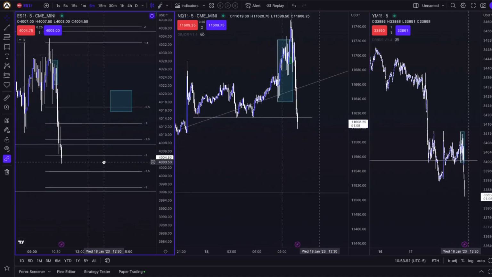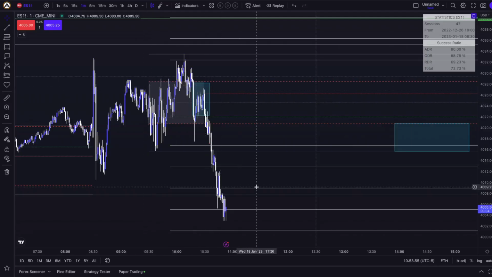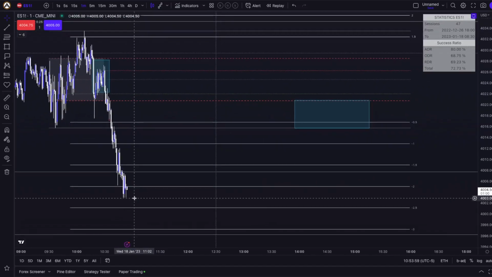Both indices continue to drop. Looking at the S&P 500, we're already below. Now we're still at negative 2.25 standard deviations roughly, so I'd be careful trying to catch a reversal based on data. Still dropping, about to hit the negative 2.5 standard deviation.